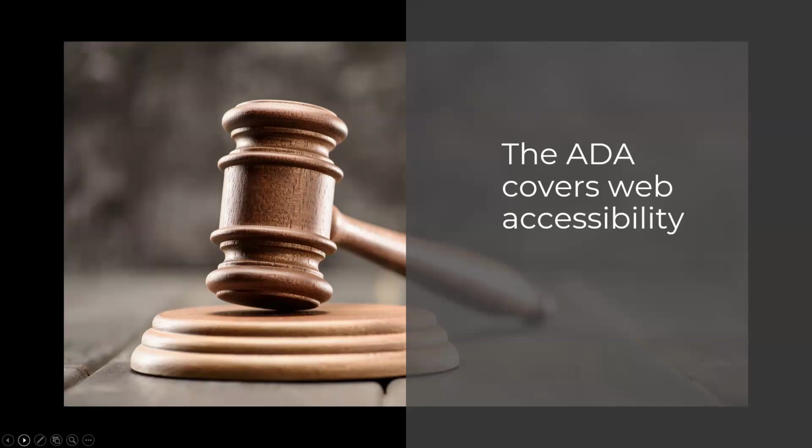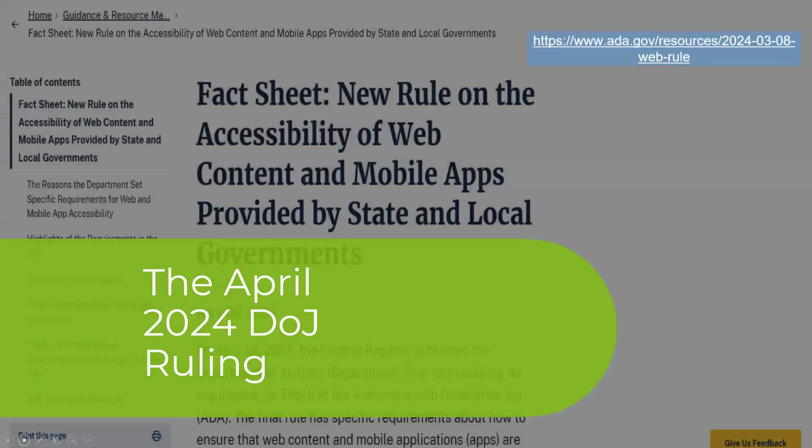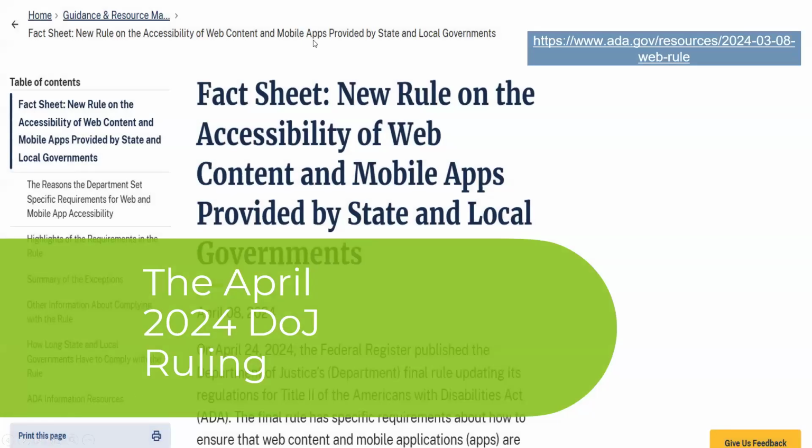But what happened that made everything change and all of a sudden you're here today, perhaps a little concerned or even in panic mode? So let's talk about the April 2024 Department of Justice ruling, because when this came out, and I can tell you that probably for the past year and a half now, maybe a little less, I have gotten more calls from libraries in the US than I have probably in the past decade, because they are suddenly feeling cornered about this and they don't know what to do, understandably so, and they want to know what has to happen from this point, or they have specific questions about technical issues that I might be able to assist with.